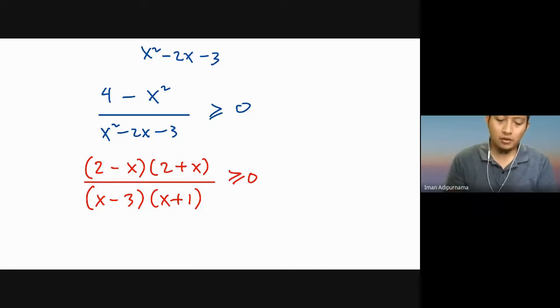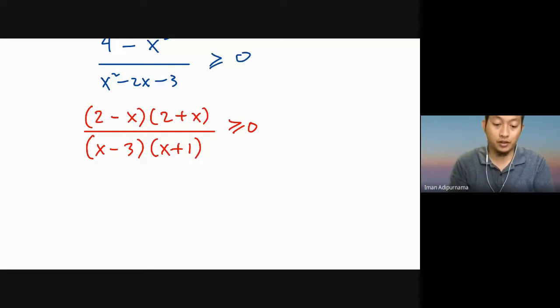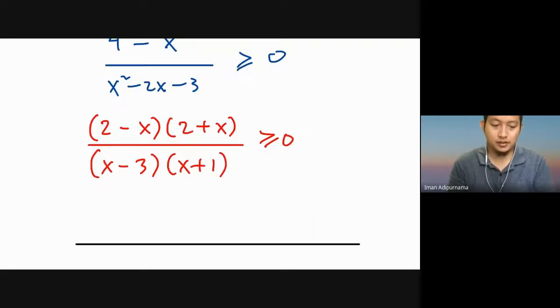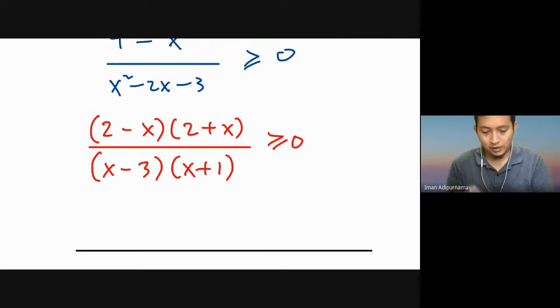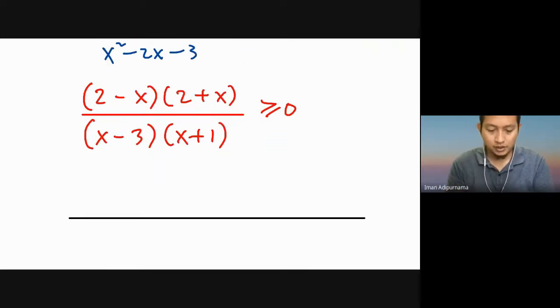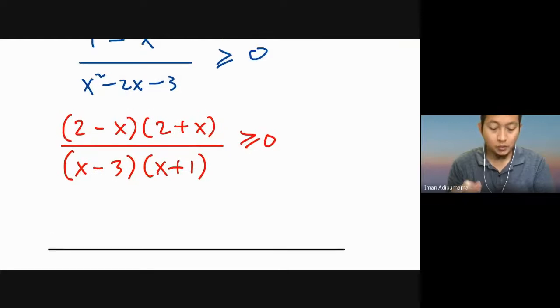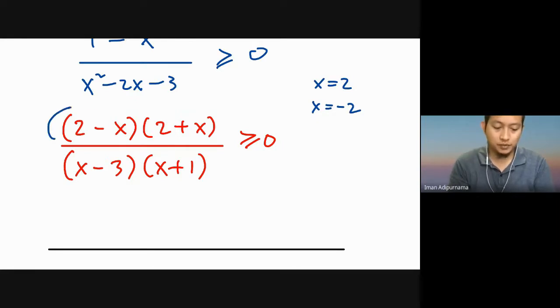Okay, now how to make this whole rational into our number line? So first, let's look at this. We are getting the ones that make 0: x equals 2 and x equals negative 2, from the top part, from the numerator.